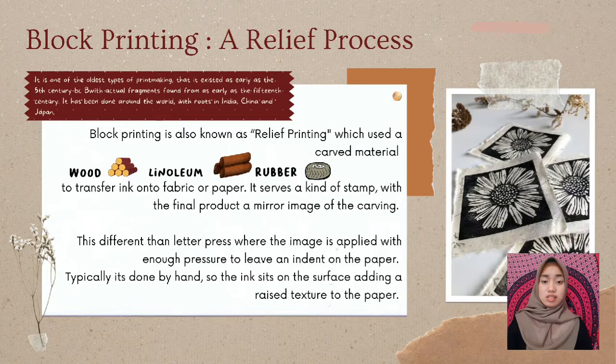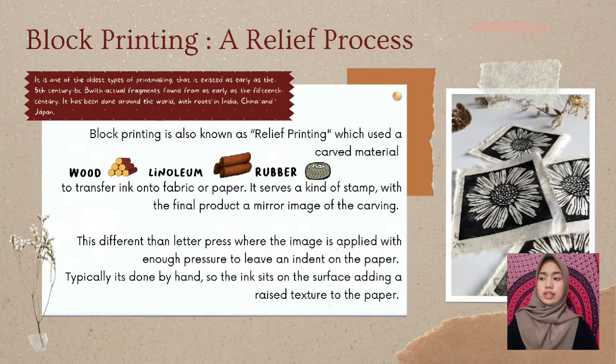Block printing is one of the oldest types of printmaking. It existed as early as the 5th century. Actual fragments have been found from as early as the 15th, and it has been done around the world with roots in India, China, and Japan.